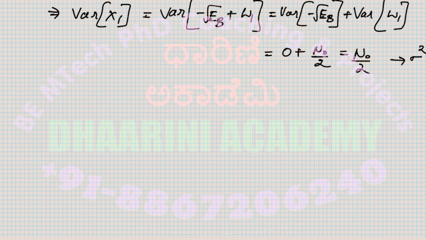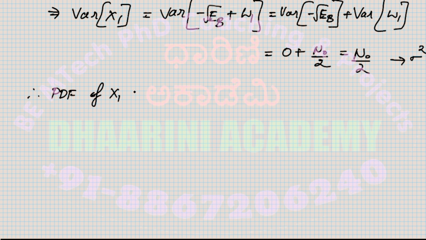Okay, so since we calculated for transmitting 0, now let us try to write the conditional probability density function, right? So just try to recall. Yesterday we did this very slowly, but I'm going faster. So the PDF, probability density function of say x1, given that, so I'm trying to say that it's a given condition.